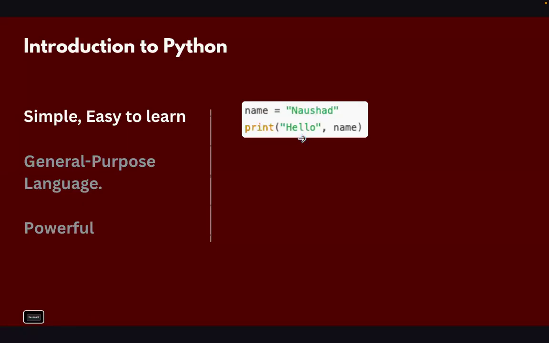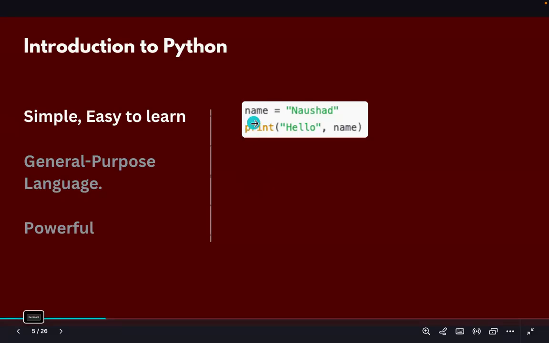Don't worry about the technical words that I'm using here. You will understand them in future classes. I'm just giving you an understanding of why Python is very simple. These 2 lines of code print my name, Naushad, on the screen.